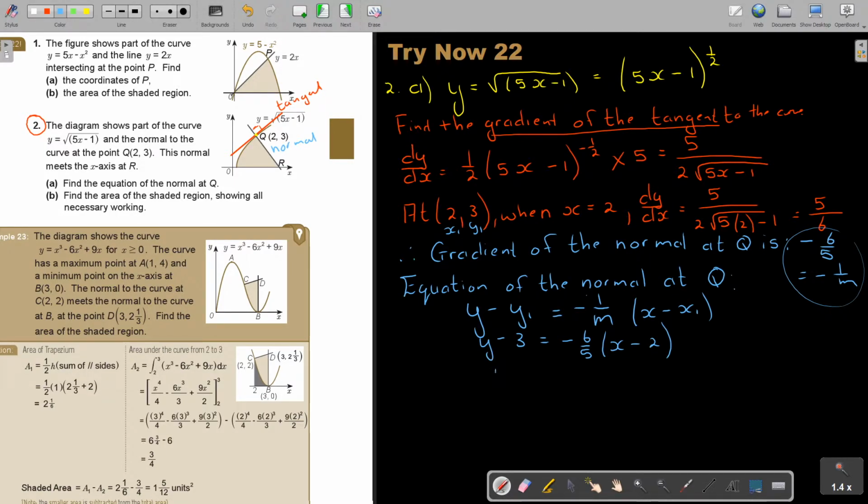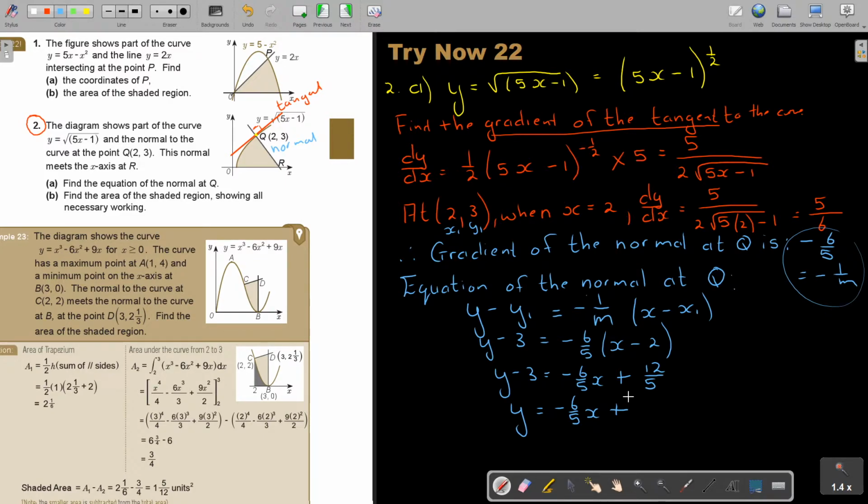So this is going to give me y minus 3 equals negative 6 over 5x plus 12 over 5. So this is going to give me y equals negative 6 over 5x plus, and now I can just use my calculator, or I can do it without. Remember, if it goes over, it's going to be plus 3.